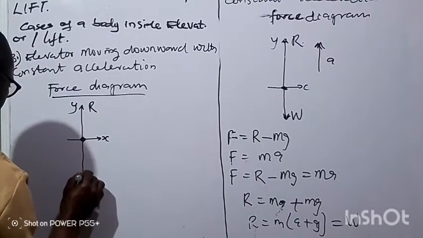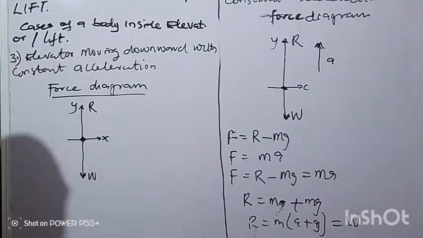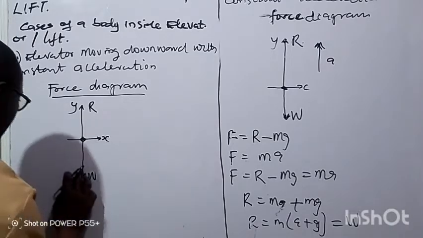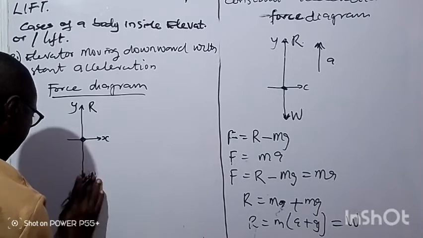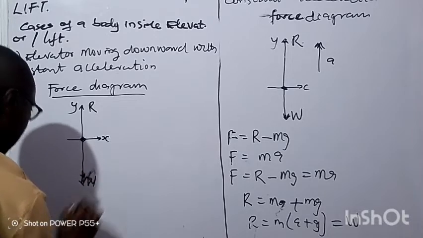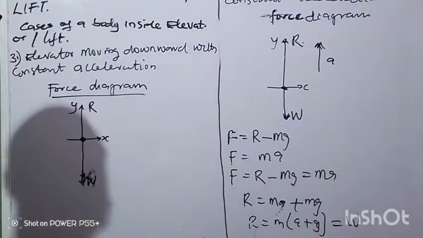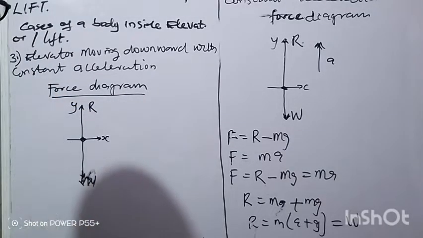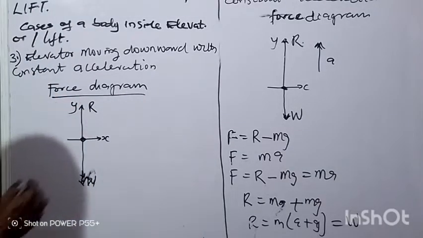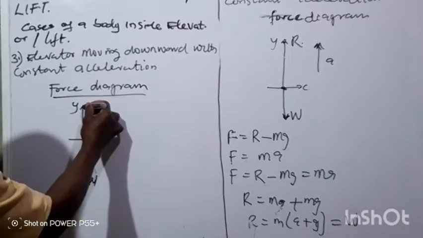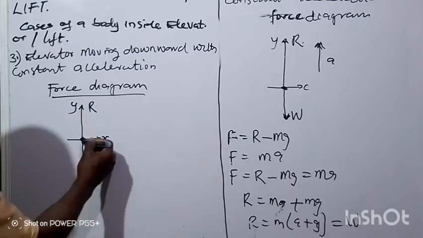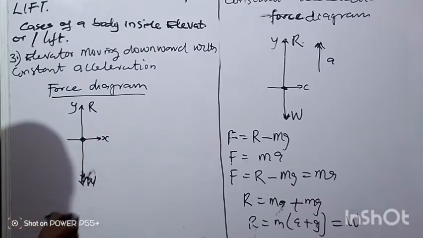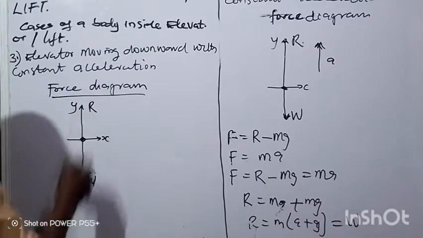So this is the weight of the object, and this is the reaction. You can see the length from this point to this point, compared with this point to this point: the weight is greater than the reaction.